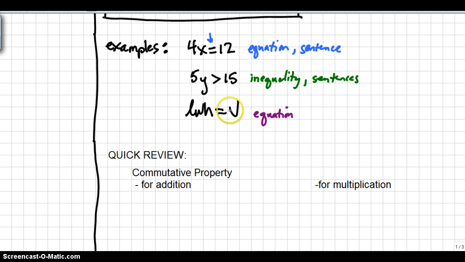Since the letter V is isolated and all by itself, we can call it a formula. Keep in mind that all equations are also sentences. So as you look at those 3 examples as a whole, they're all sentences. Some of them are equations, some of them are inequalities, and one of them is also a formula.